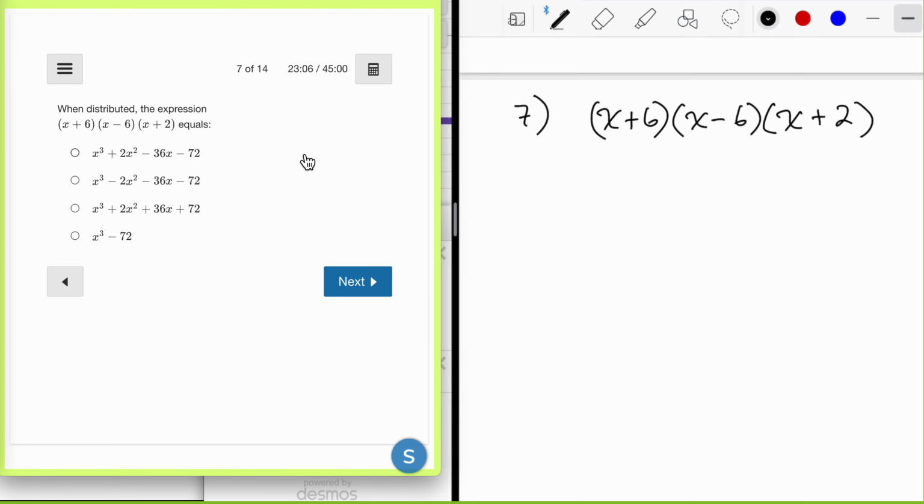What I saw a lot of people doing in their work, and that's why I wanted the work, so I could see why you get it wrong, was taking this x and trying to multiply it by each term. Just thinking about if I asked you to multiply the numbers 2, 5, and 10, you probably do it pretty quickly.